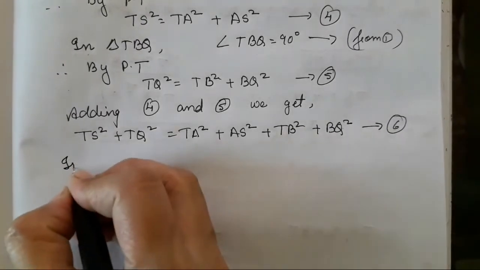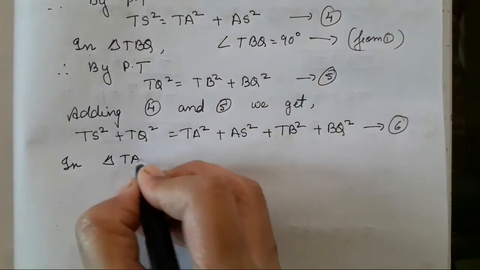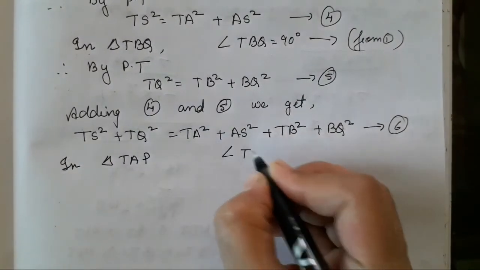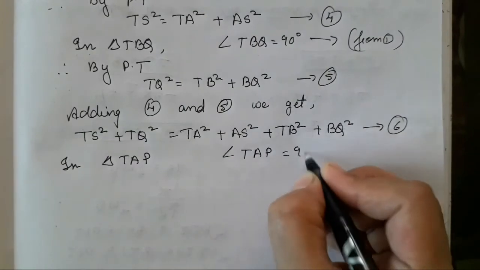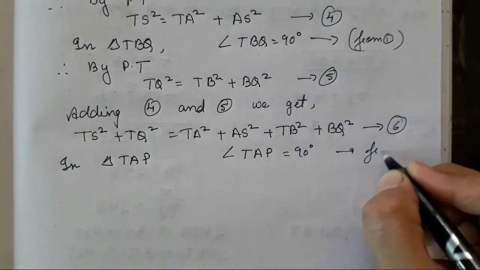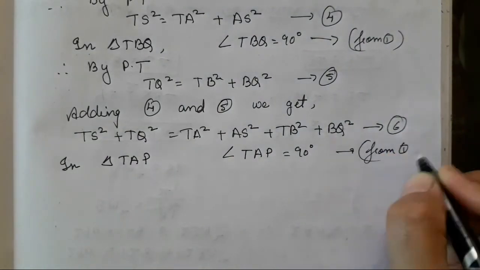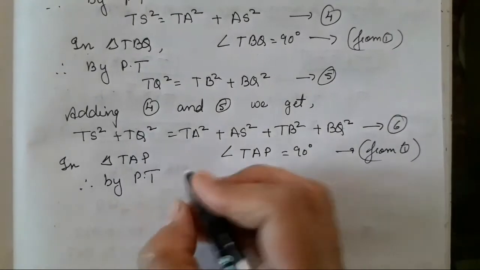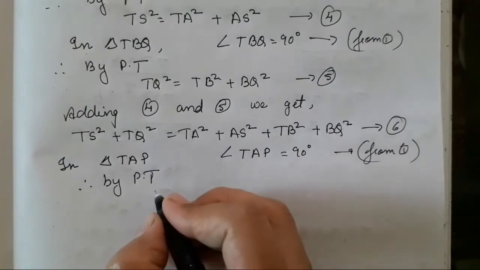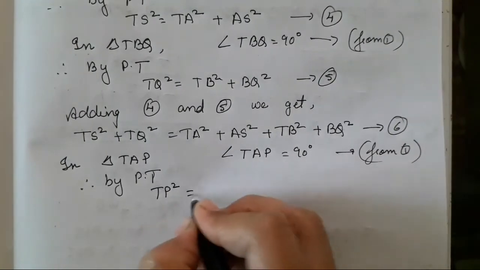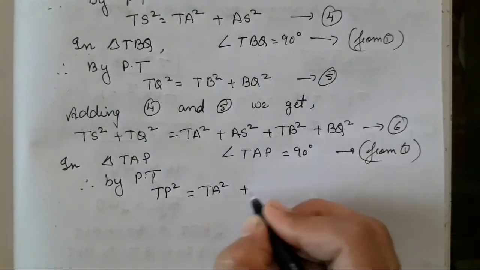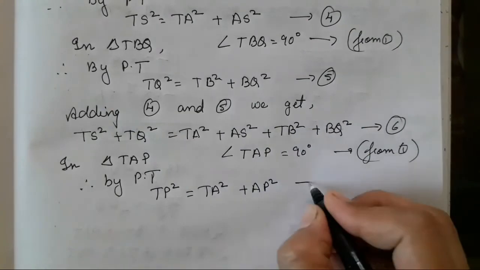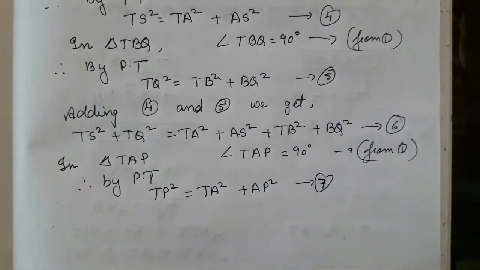Now in triangle TAP, angle TAP is 90 degrees from first. Therefore by PT theorem, I am repeating the same steps, children, TP square is equal to TA square plus AP square. So this is your seventh reason.